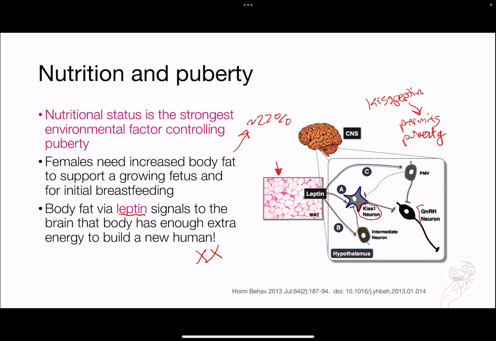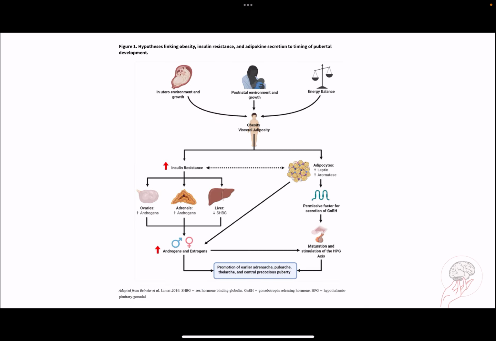And it does this through gonadotropin releasing hormone, or GnRH. So increasingly, we're noticing changes in pubertal development due to excess weight gain. For a long time, we focused on women who didn't have enough fat tissue to start menses.